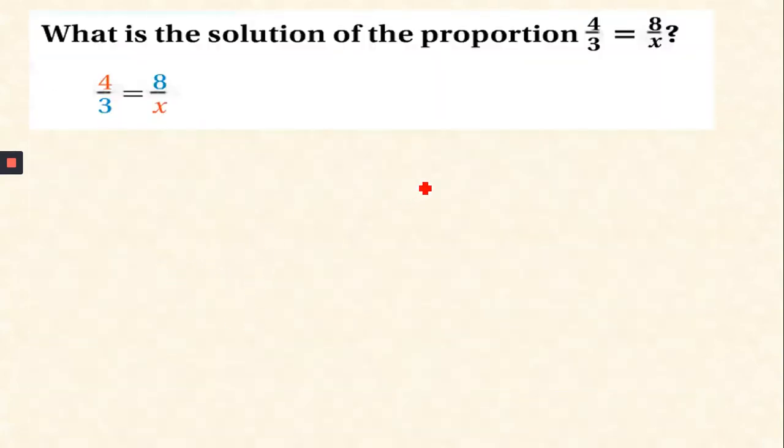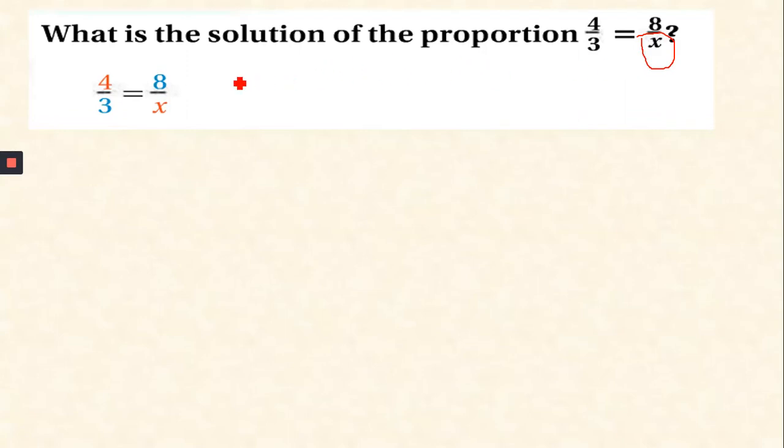In order to understand better what a proportion is, let us try to solve this one. We have here 4 over 3, which is a ratio, equal to 8 over x, which is also a ratio. So they are equal, meaning 4 over 3 is equal to 8 over x. But the problem here is, do we know the value of x?